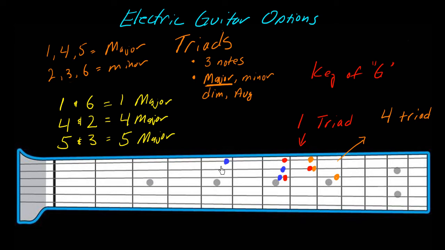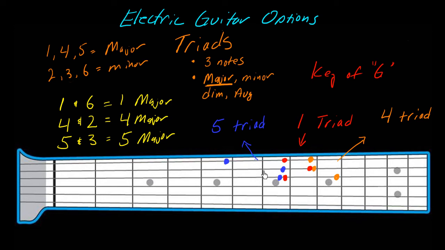So this grouping of blue, this is the 5 triad. So once again, with all of these, it will probably look a little confusing, but once you get it memorized and apply it, it will become second nature.